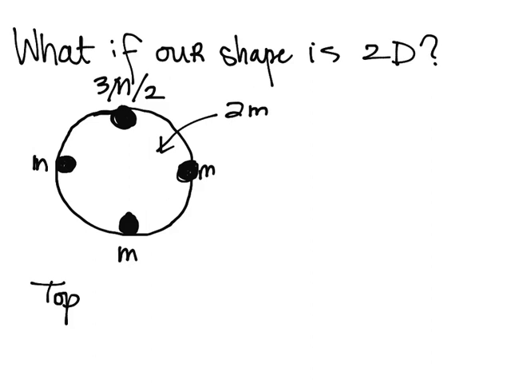First of all, we have to pick out a 0 line. But because we're dealing with a 2-dimensional shape, we need both an x0 and a y0. So I'm going to pick the very center of this shape to be x equals 0 and y equals 0. I should say xx and xy are both 0.